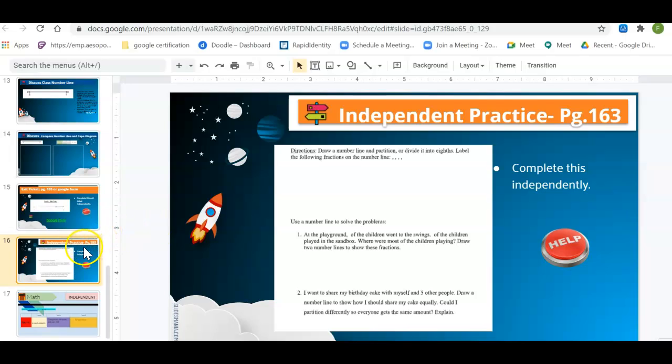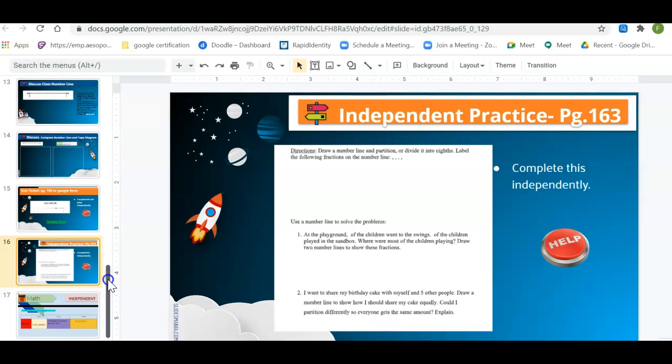All right, so on our next slide here, guys, this is going to be your independent practice work for today. You're going to work on page 163 in your math binder. This one is not on a Jamboard, so you're going to work inside of your binder and complete the work there. But when you finish, remember, you're going to have to take a picture of your work.